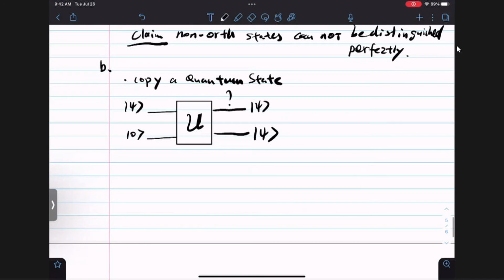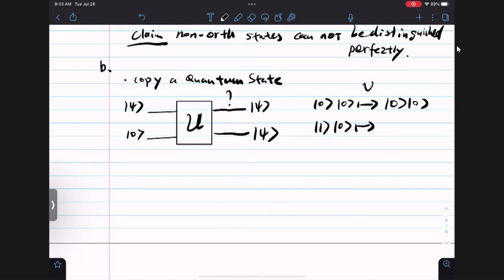Is this possible? Well, the answer, unfortunately, is no, we cannot do it in general for unknown states. One immediate way to see the difficulty: suppose this unitary U does exist. If we apply it to K0, then we better produce K0, K0. And if we apply it to K1, if it works correctly, then it will produce K1, K1, right?